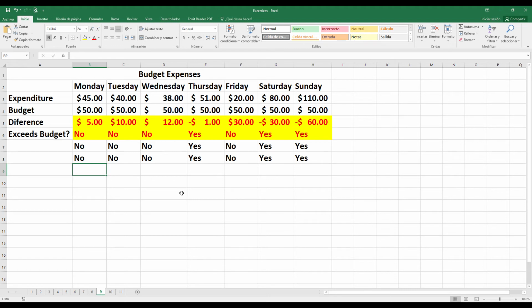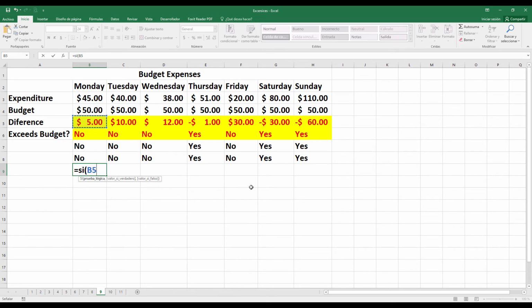Another way to know is to check or compare the difference. For example, here, the difference. If the difference is, I don't know, how do you know? Only check the difference to see whether you are over the budget or not. This is over, yes, because it's negative. This is negative, this is negative.